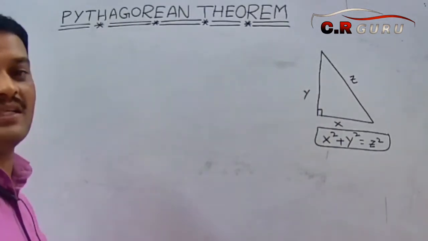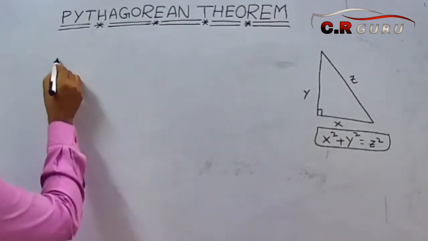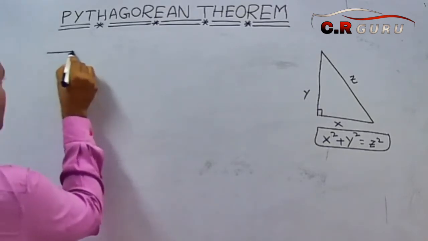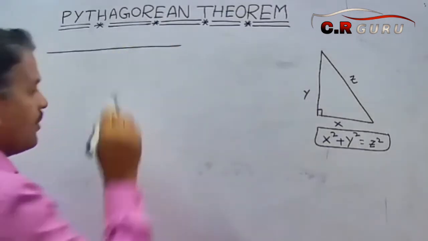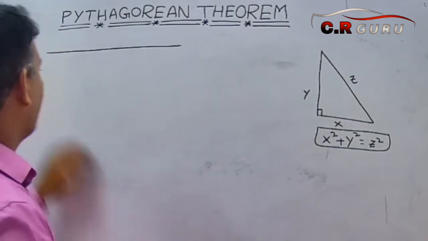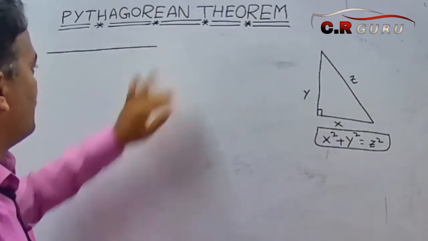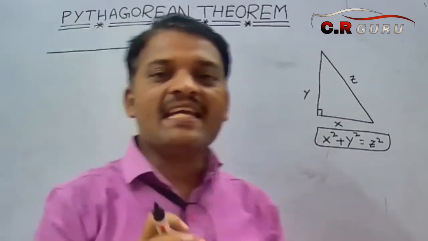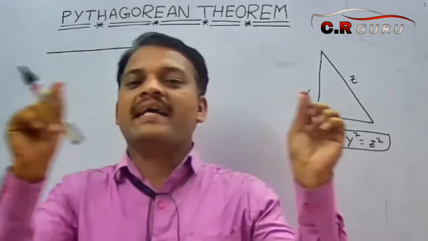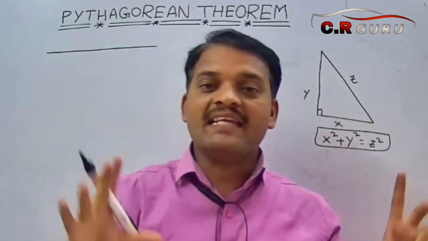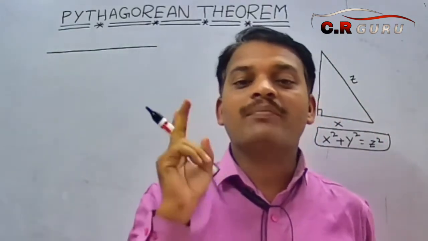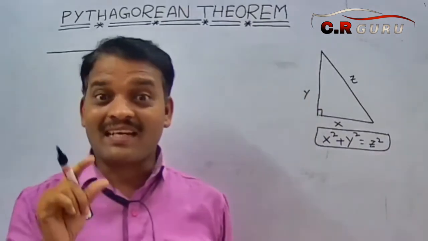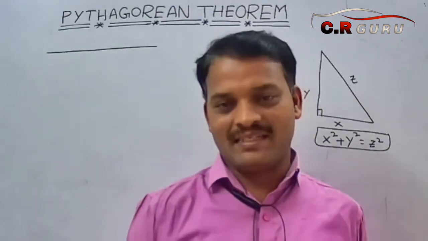So first of all, I consider in the given plane one line. Any line you can draw in the given plane is called an arbitrary line.